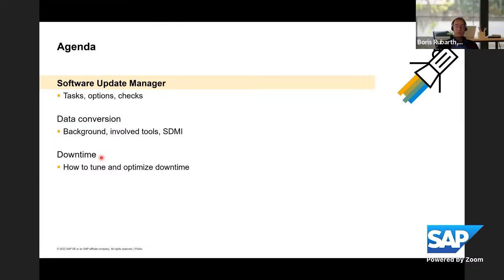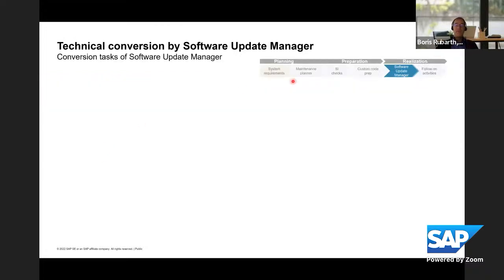As a reminder, there are different steps in this project. System requirements have to be clarified. The maintenance planner has to be used to plan the actual conversion and to provide the software archives. The simplification item checks have to be clarified before starting the Software Update Manager. Custom code preparation or adoption is an important topic. We just focus on the realization phase, the Software Update Manager here.